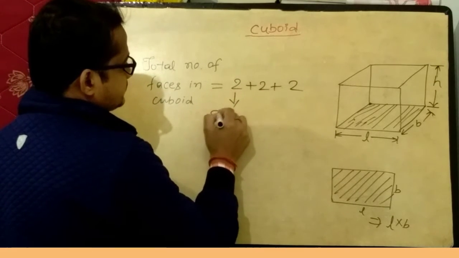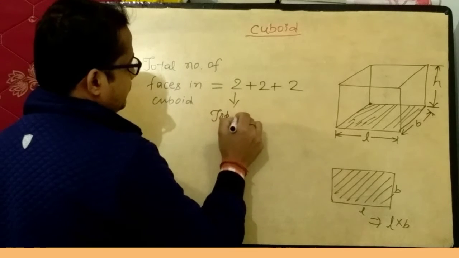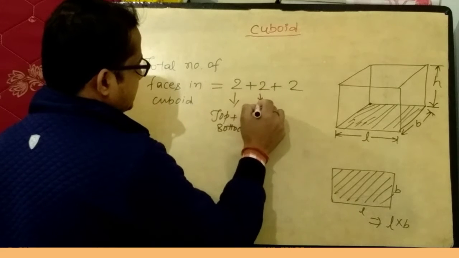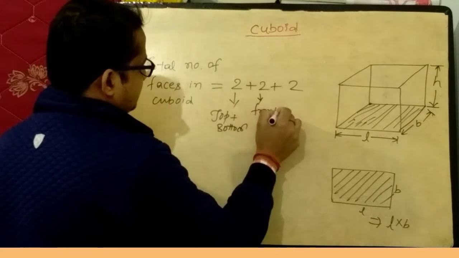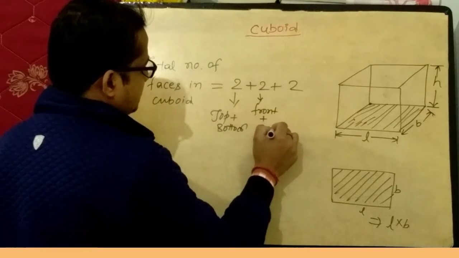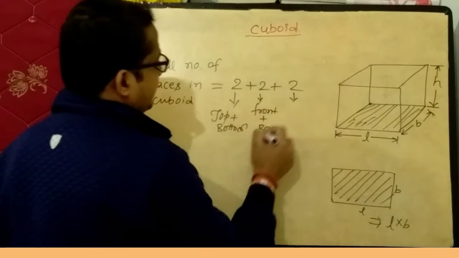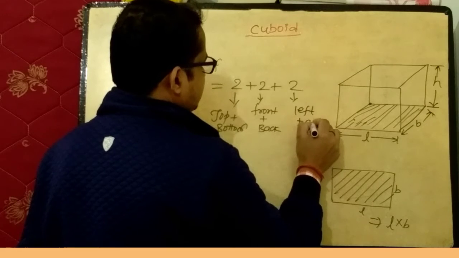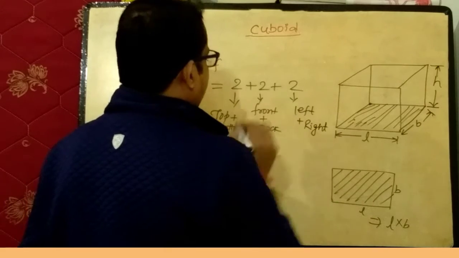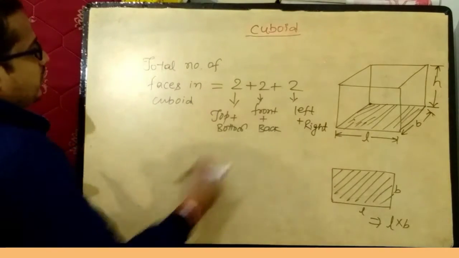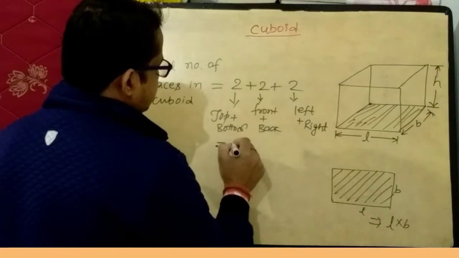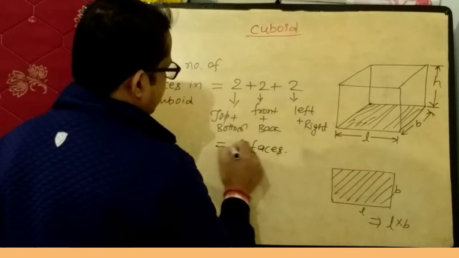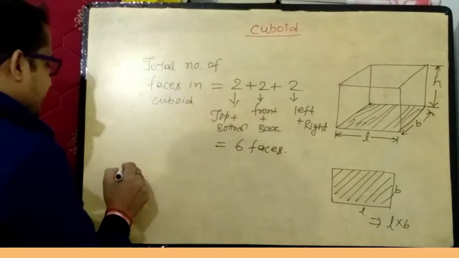This is top plus bottom, this is front plus back, and this is left plus right. So a cuboid has total 6 number of faces.